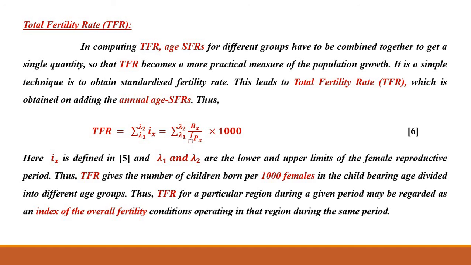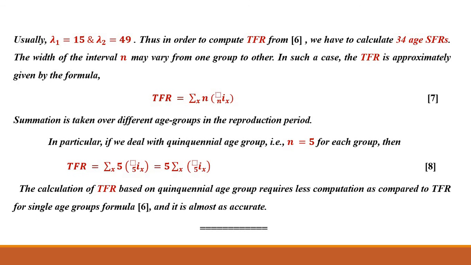Thus, TFR gives the number of children born per 1000 females in the childbearing age divided into different age groups. Thus, the total fertility rate for a particular region during a given period may be regarded as an index of the overall fertility conditions operating in that region during the same period.